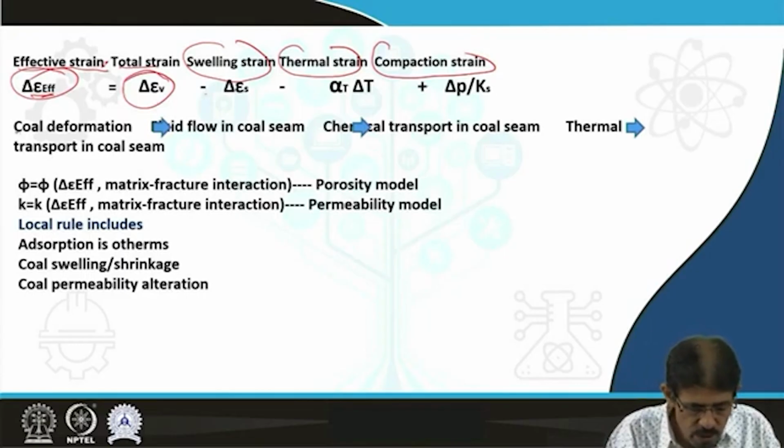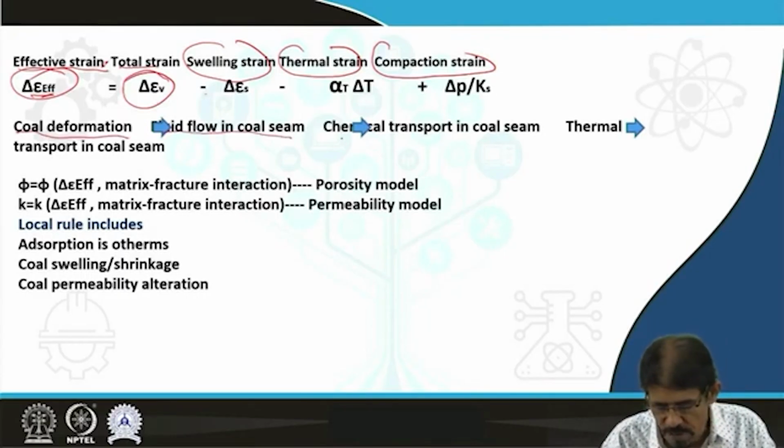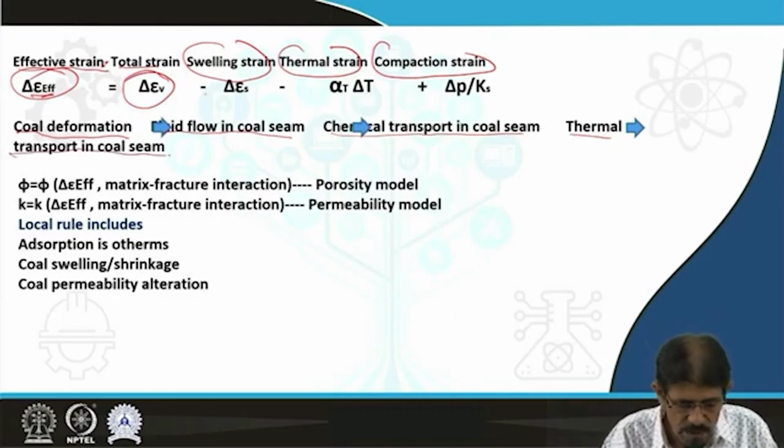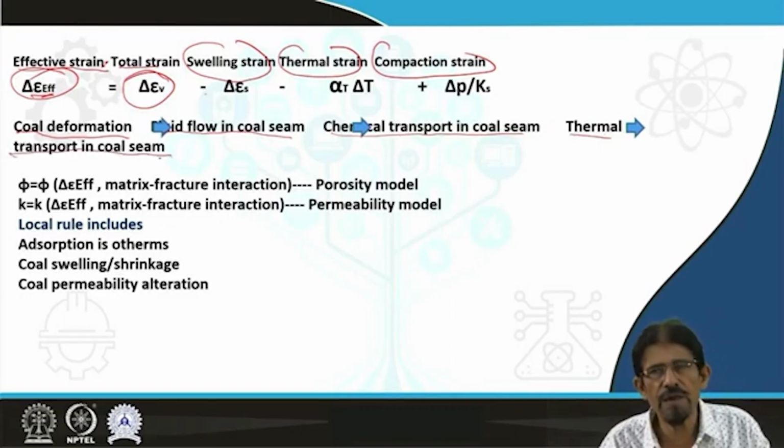This leads to coal deformation, then flow in the coal seam, chemical transport in the coal seam, and then thermal transport in the coal seam, resulting in the release of CBM-induced changes in strain, which are going to change permeability and porosity.